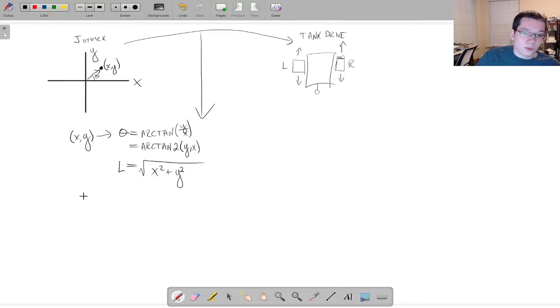So, no, I better not use L here because we were using L for the left. We'll call it V for velocity. So we have left is equal to something, right is equal to something, and we want speed to control both of them. And speed is probably going to multiply something.